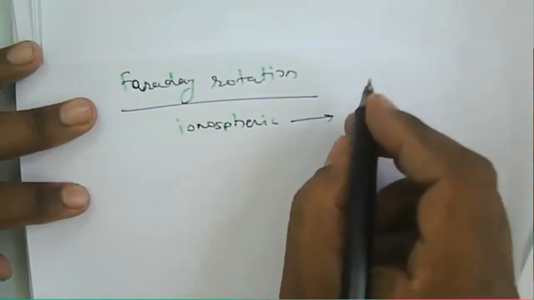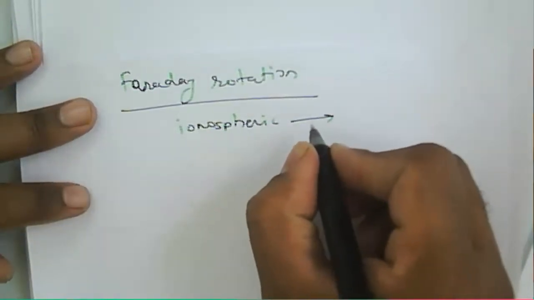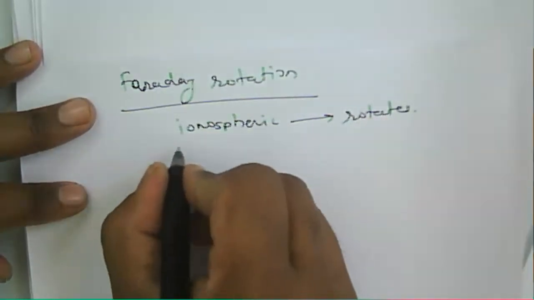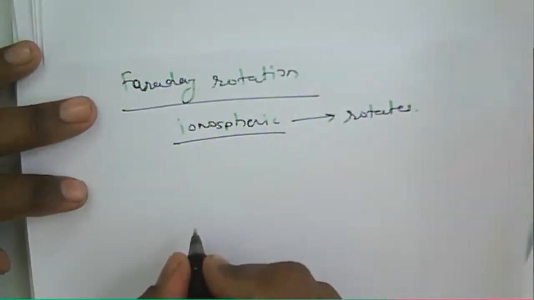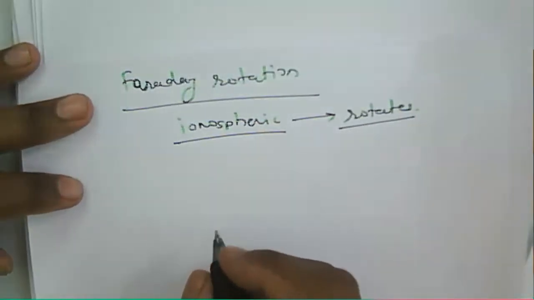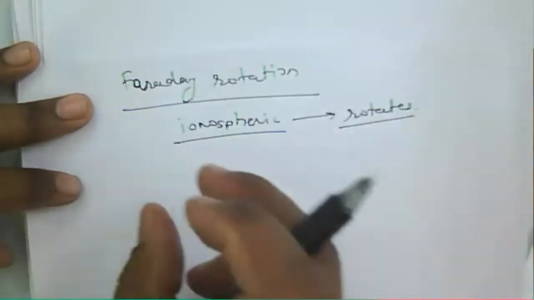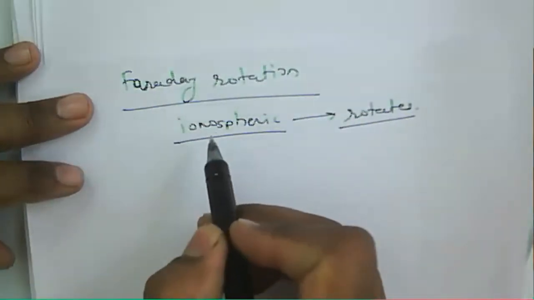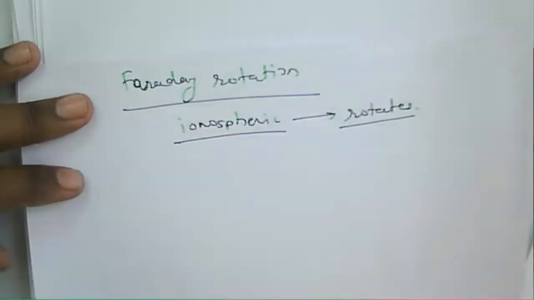Because of this ionospheric layer, rotation of the polarized signal takes place, and that rotation of the polarization signal is called the Faraday rotation.